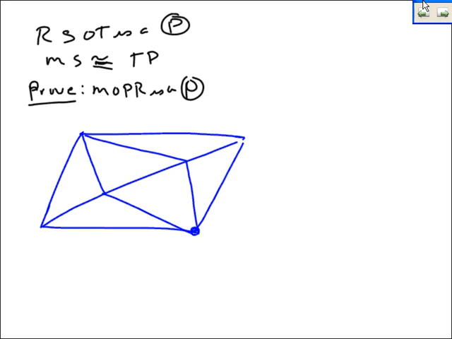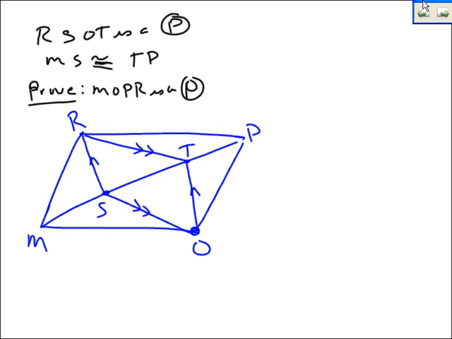Alright, and we'll call this M, O, P, and R. And we'll call the last 2 points in order S and T. So RSOT, the inside one, the parallelogram. Those 2 sides are parallel, and these 2 sides are parallel.